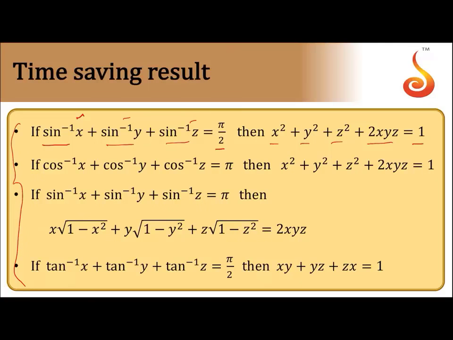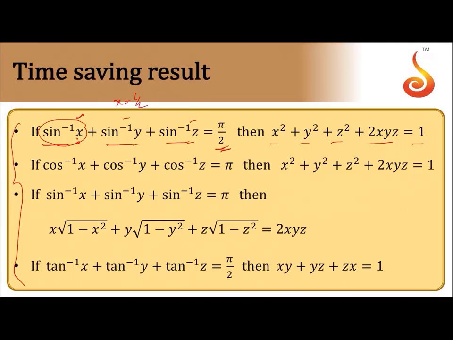For example, when I take sine inverse x equals 30 degrees, plus 30 degrees, plus 30 degrees, each angle is 30 degrees, so the sum is 90 degrees and will satisfy. So when sine inverse x is equal to 30 degrees, then x has to be sine 30, which is half.